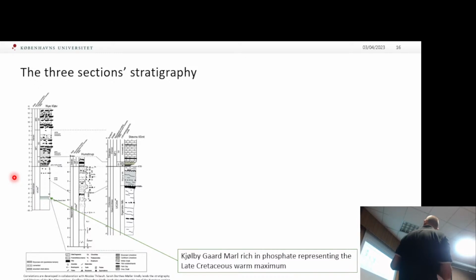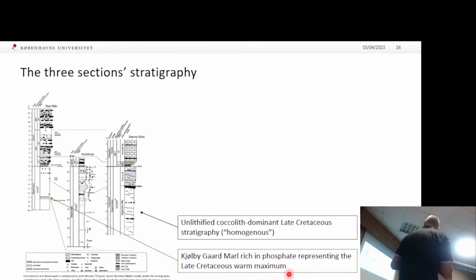This is a marl that represents the late Cretaceous warm marl. This part, and this part, and this, all of this, is unidentified coccolith dominant late Cretaceous stratigraphy, and it's very homogeneous.